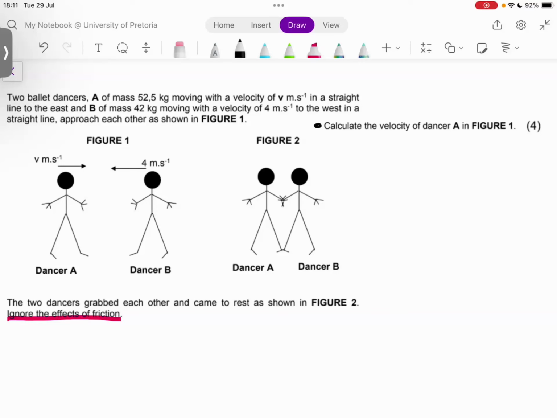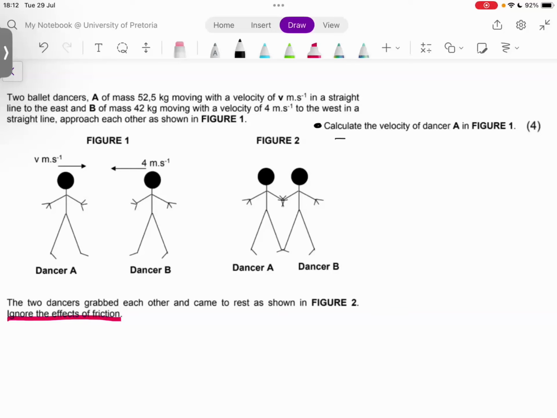We want to calculate the velocity of dancer A in figure 1. And because there's no loss of energy, since it says ignore the effects of friction, the principle of conservation of linear momentum is applied, and that is how we'd approach this question in particular.